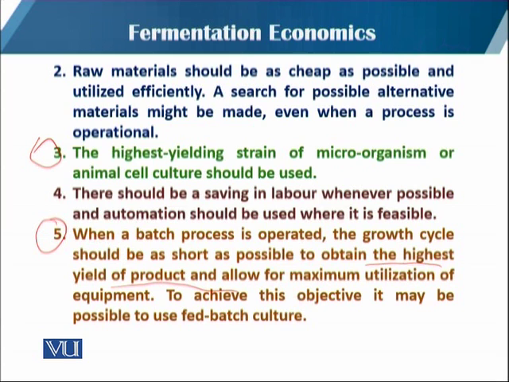If the fermentation or incubation time is very prolonged, then that is not suitable. If the cell cycle of the organism is short, we should select those microorganisms that have a short cycle. To achieve this objective, it may be possible to use fed-batch cultures.